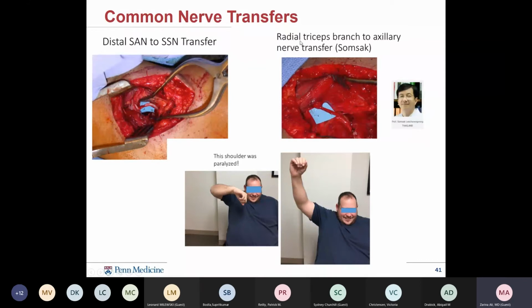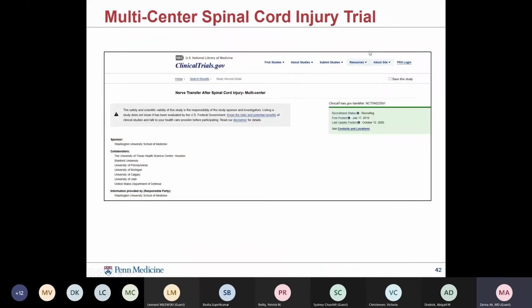And so we're able to transfer a single fascicle of the radial nerve, which has multiple fascicles going to the triceps head, and take one of those fascicles and co-opt it directly to the axillary nerve and get back some deltoid function.